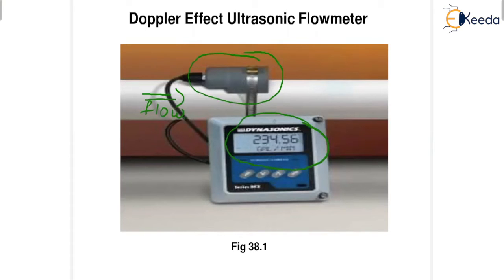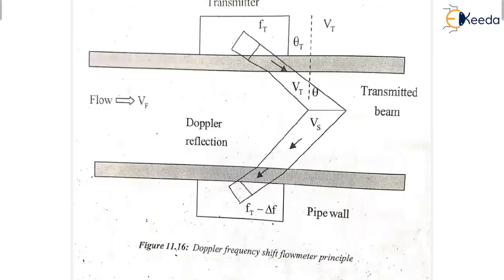Now we are going to look at the internal architecture of this Doppler effect ultrasonic flow meter, how it works, and what its principles are. Everything I would like to share with you. First, what is the Doppler effect?